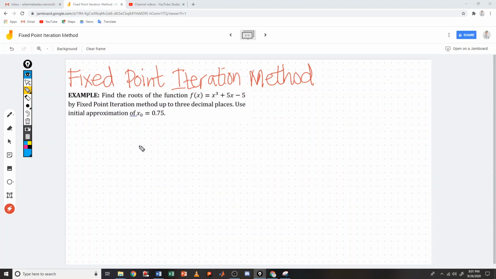Okay, so after the 10th iteration, or x10, which I have solved, it is 0.86879.